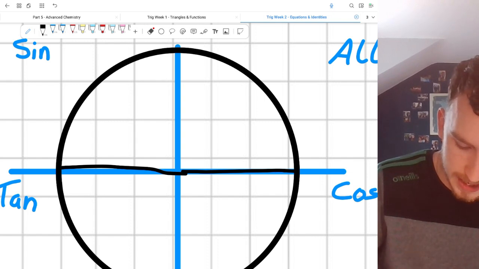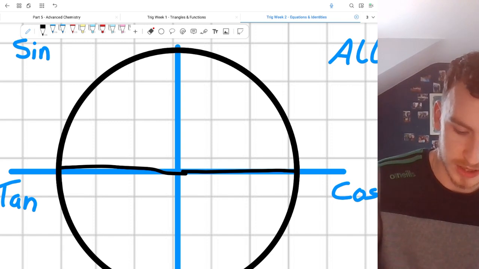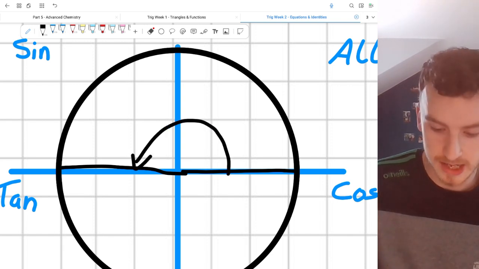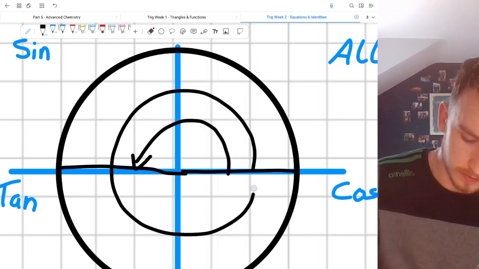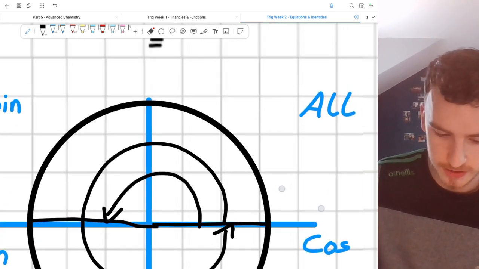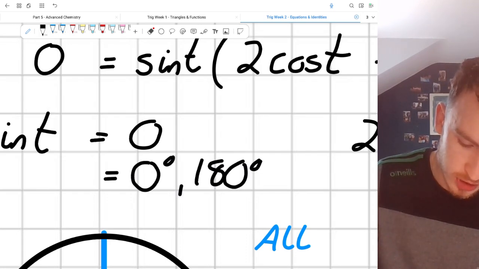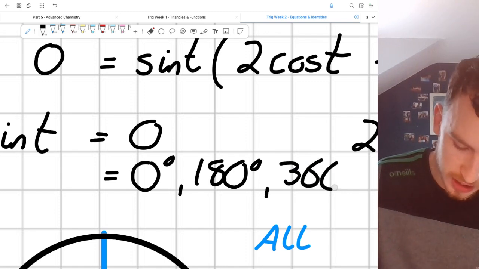So that is 0 degrees, because the line is flat, but it's also 180, and it's also 360. So for sine equal to 0, you have 3 solutions. You have 0 degrees, 180 degrees, and 360 degrees. You have full rotation.